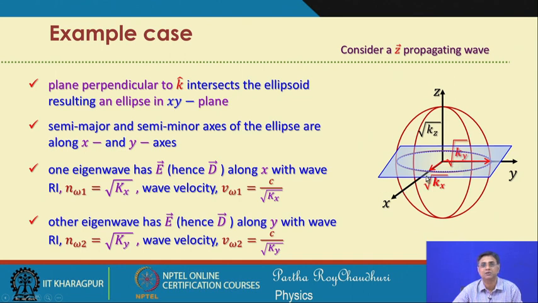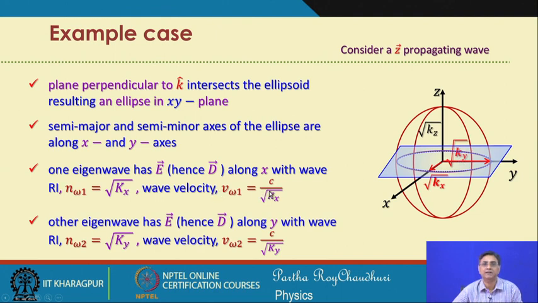So, the direction of the electric field and the direction of the displacement vector are in the same direction, and they are related by this constant, under root of k x.